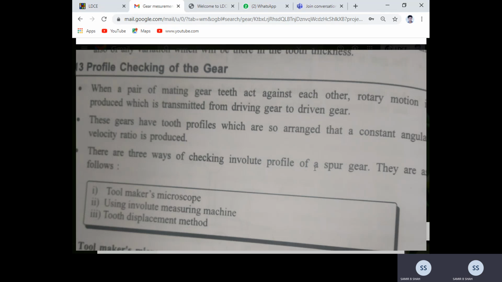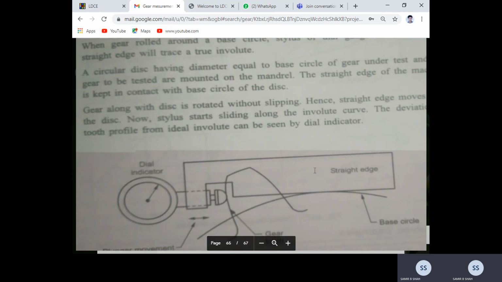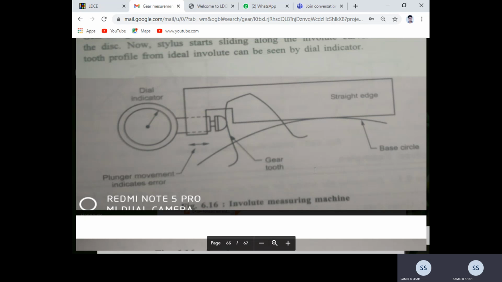Now we start the profile checking of the gear with the toolmaker microscope. I will show you the diagram, so it is very clear in your mind what kind of figure it is. The toolmaker microscope method is also known as the optical projection method.